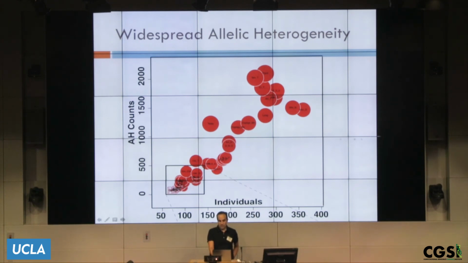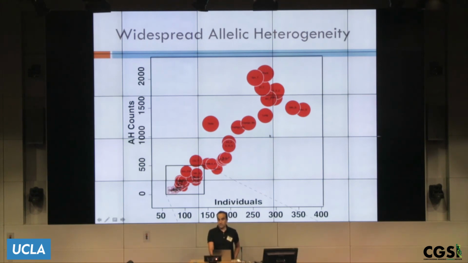What I'm showing here is the number of genes that have allelic heterogeneity, as a function of the number of individuals that we have for that tissue. And you can see that it's highly correlated. Okay? So this is the number of genes that have more than one SNP, and this is the number of individuals we have for the tissue.